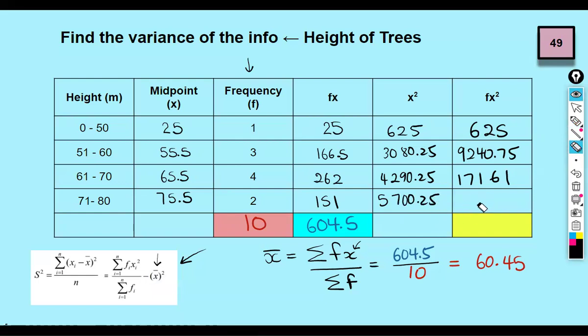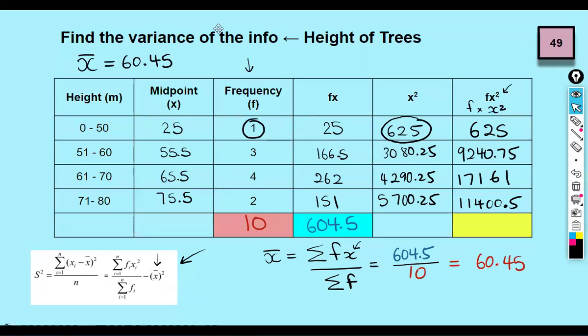If I multiply that x squared by f, which is 2, I am getting 11400.5. I'm looking about correct here now. All right, it's a good thing you all double checked my work. See if you can finish off the question now.